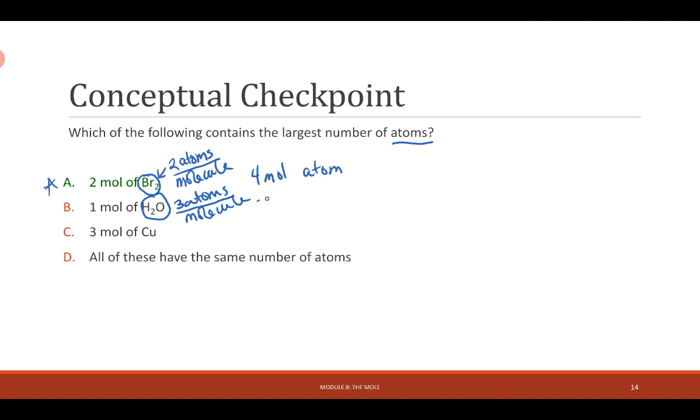This one has 3 moles of atoms. This one is just an individual atomic element, and so 3 moles of this substance would just have 3 moles of atoms. And so 2 moles of Br2 contains the highest number of moles of atoms.